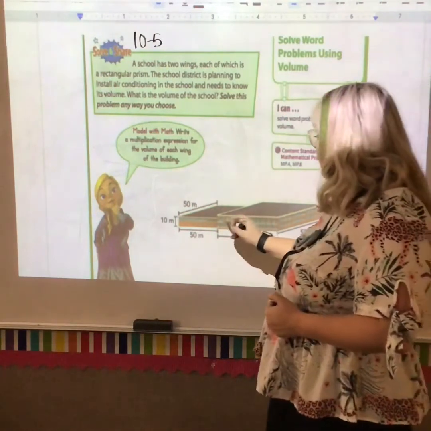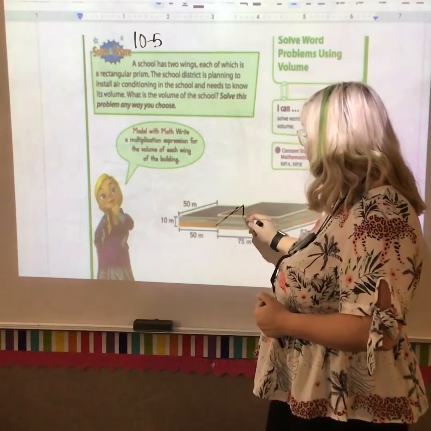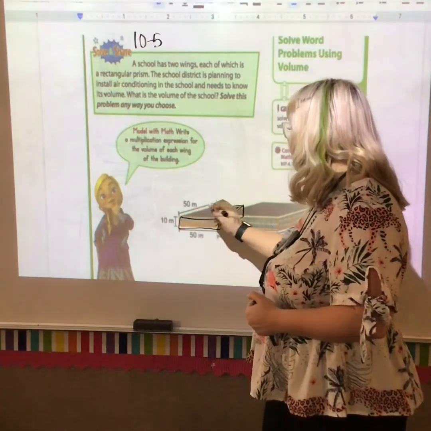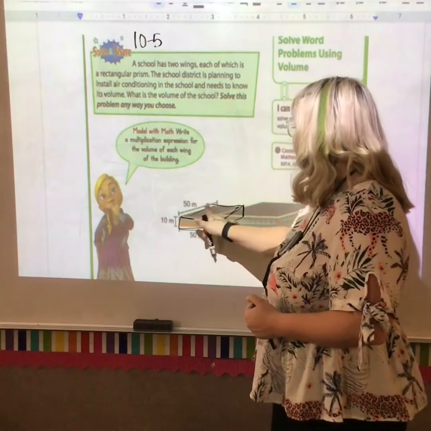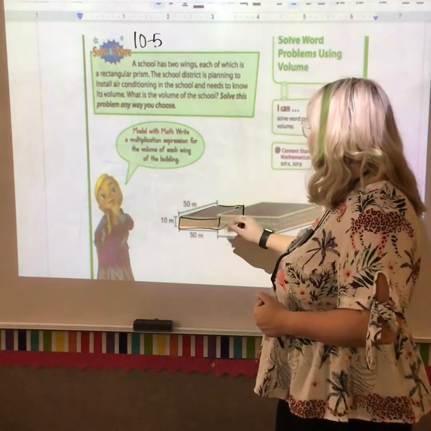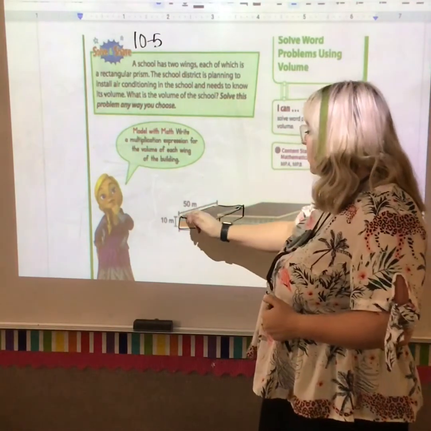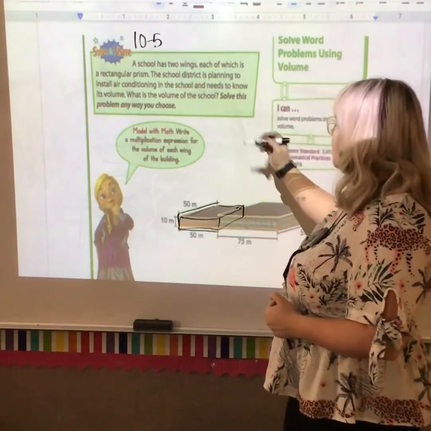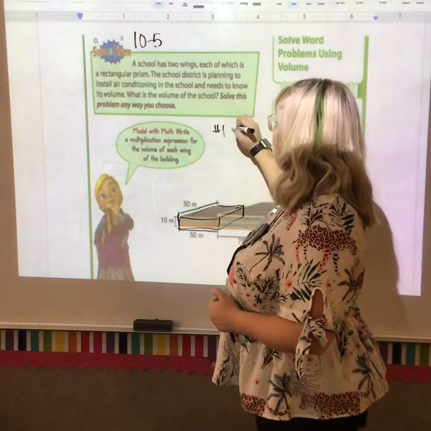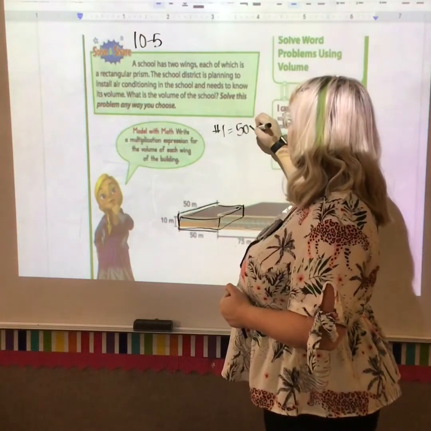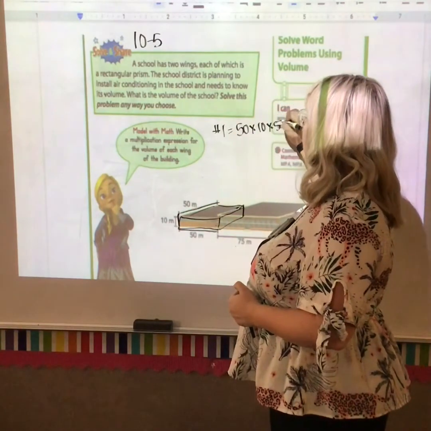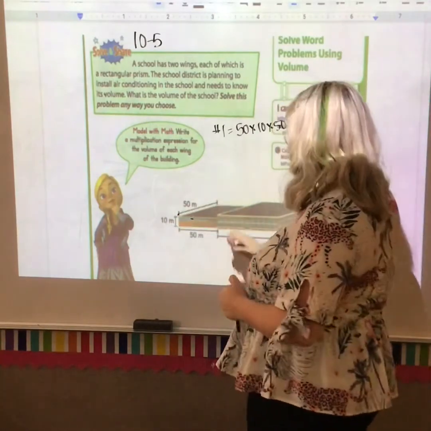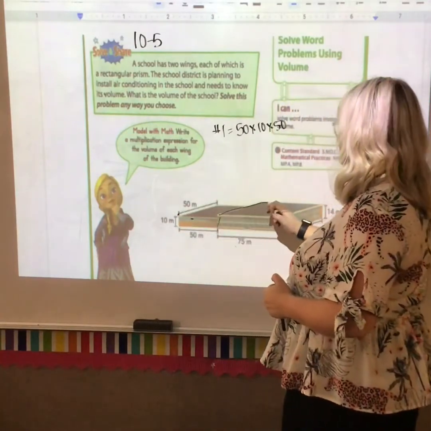I'm going to go ahead and cut this as a shape for 1 wing of the school. Pardon the drawing. And you're going to use the 50, the 10, and the other 50. So your volume formula for your first shape is going to be 50 times 10 times 50. You're going to erase this now that you have that for the first shape, and you're going to use the second shape.